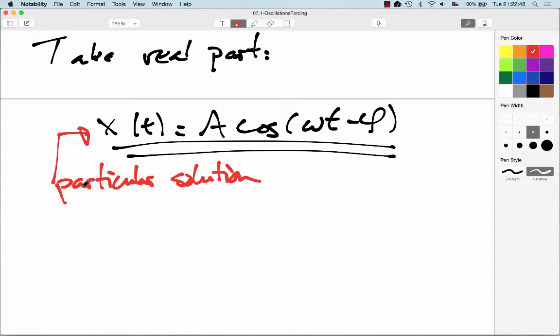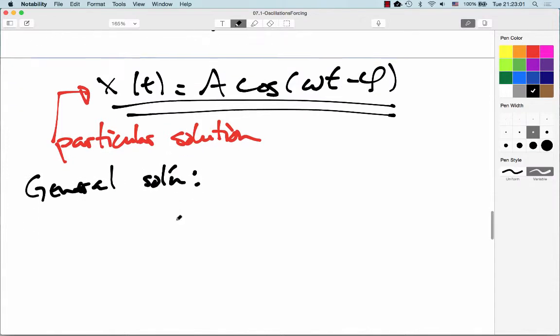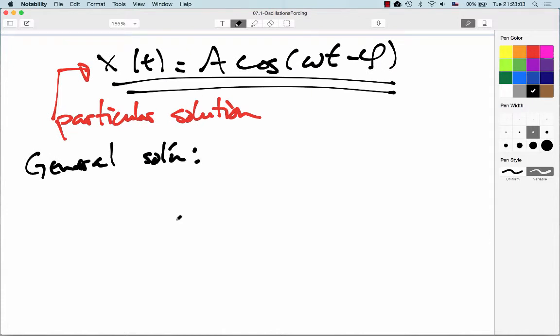So now to get the general solution, we've got to add the complementary or homogeneous solution, whatever you called it, back in. So the general solution will be the particular solution, and I'm going to put the particular solution first rather than last because that'll turn out to be physically more important. A cosine of omega t minus phi.